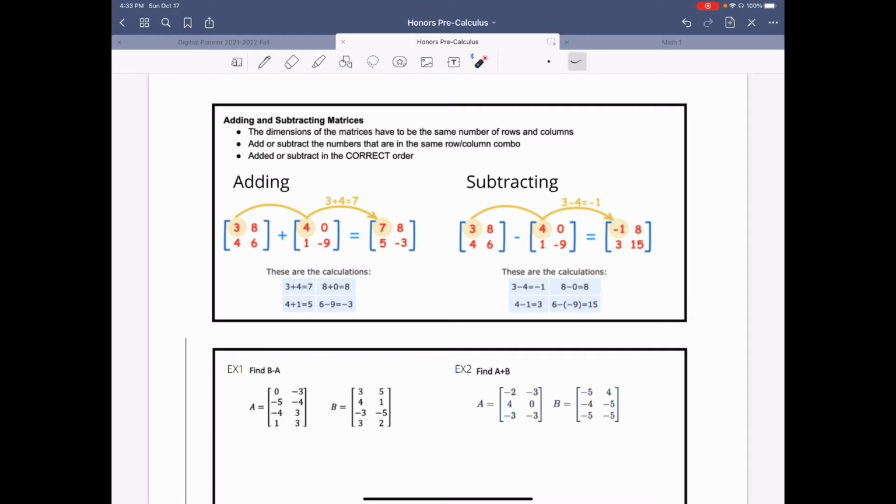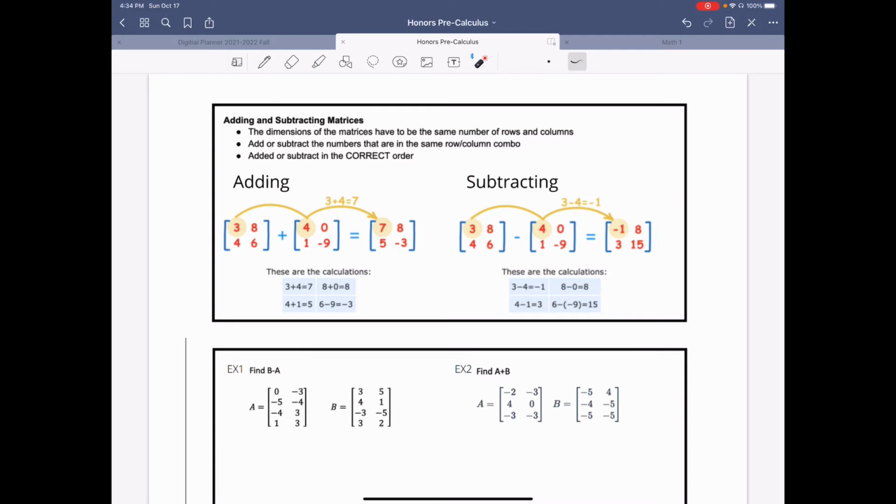So then here we have 8 plus 0 gives me 8. Then we have 4 plus 1, that gives me 5. And then we have the last element, which is in row 2, column 2, that's 6 plus -9 gives me -3.